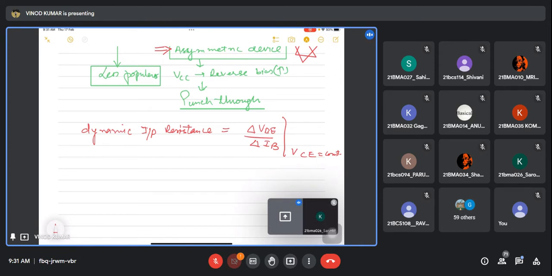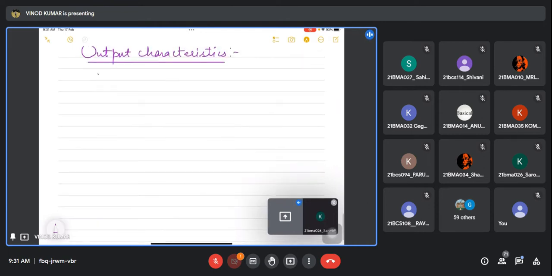Similarly, if we talk about its output characteristics, if we try to draw, it's quite interesting to understand.